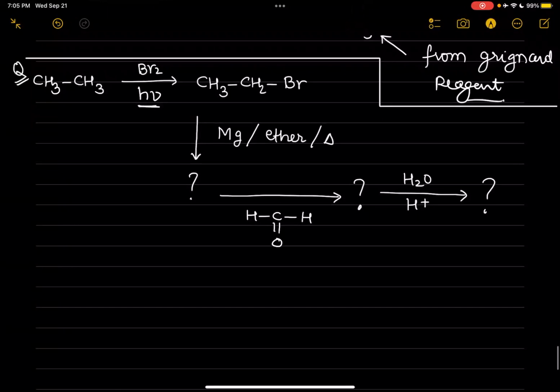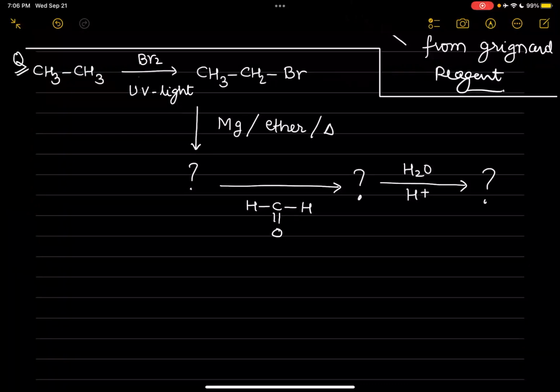This is sunlight. It is written as hν, the energy of the photon is h into frequency. Sometimes it is written like this, or sometimes it is also written as UV light. Both hν and UV are sun rays; UV is ultraviolet light, and hν is the energy of the photon, the particle of that light.